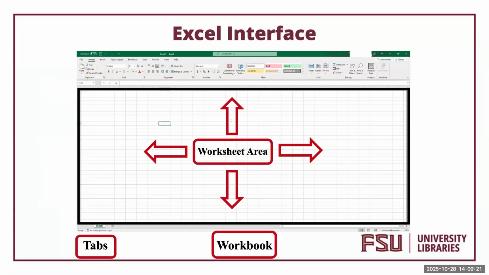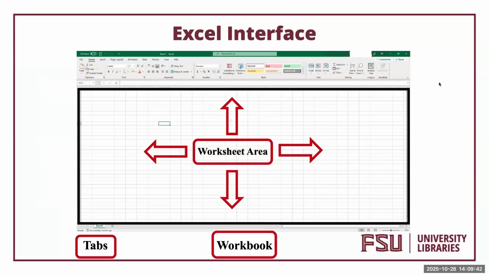All right, so now we'll just go over some of the basics of the interface along with some quick definitions so that we are all on the same page. Whenever you open a new Excel file, you'll often hear it referred to as a workbook.